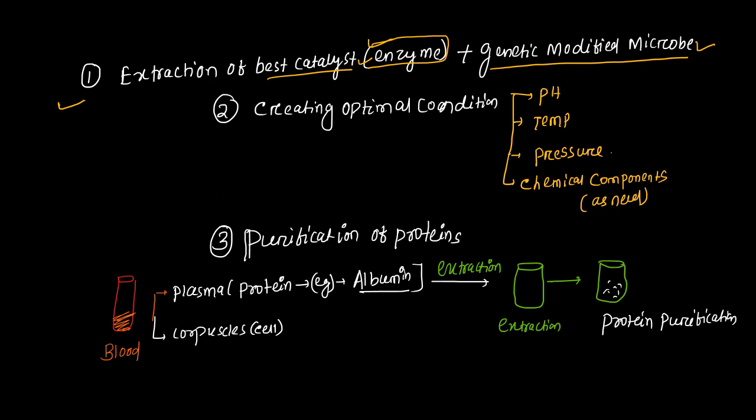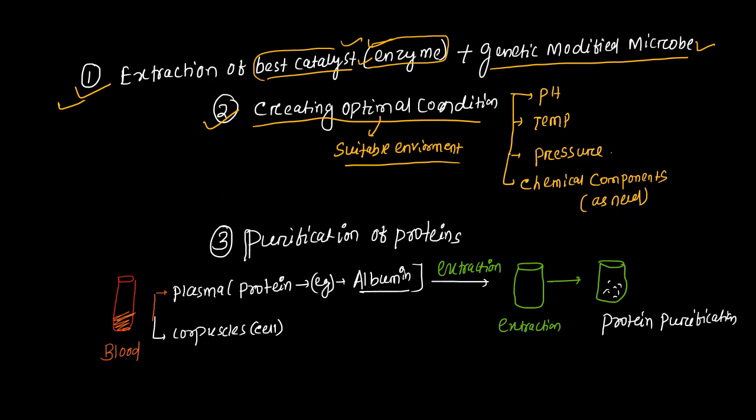First point, extraction or producing the best catalyst or enzyme. Second one, creating optimal conditions. The meaning of optimal condition is a suitable environment. So what is a suitable environment?